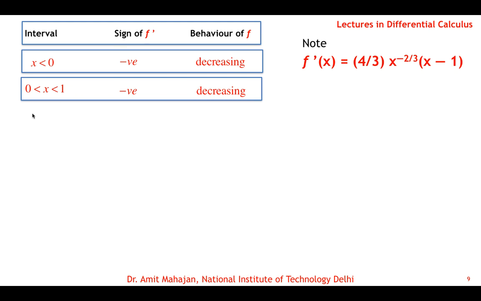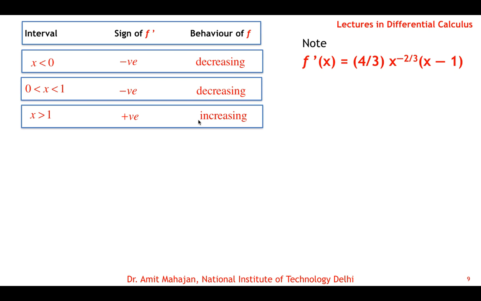Then the interval is from 1 to infinity. When x is greater than 1, this difference will be positive, this number is positive, so the product will be positive. So the slope sign will be positive and the behavior will be increasing. So it is easy to calculate the function behavior by using the sign of the derivative.